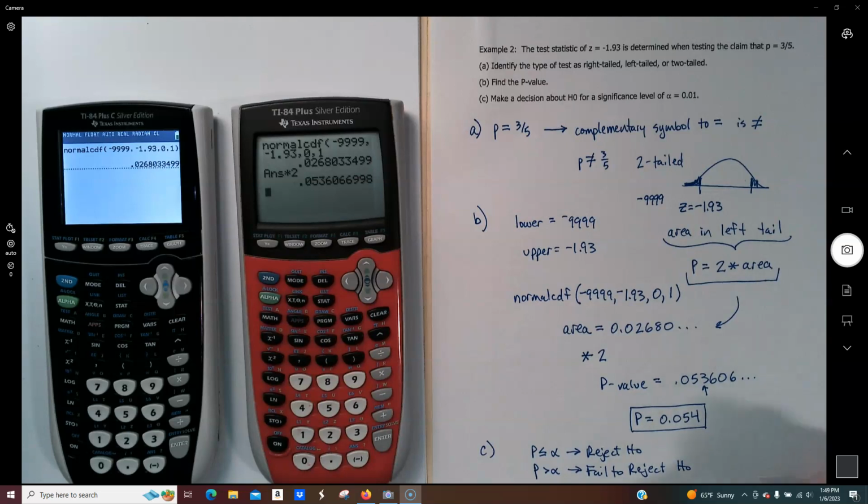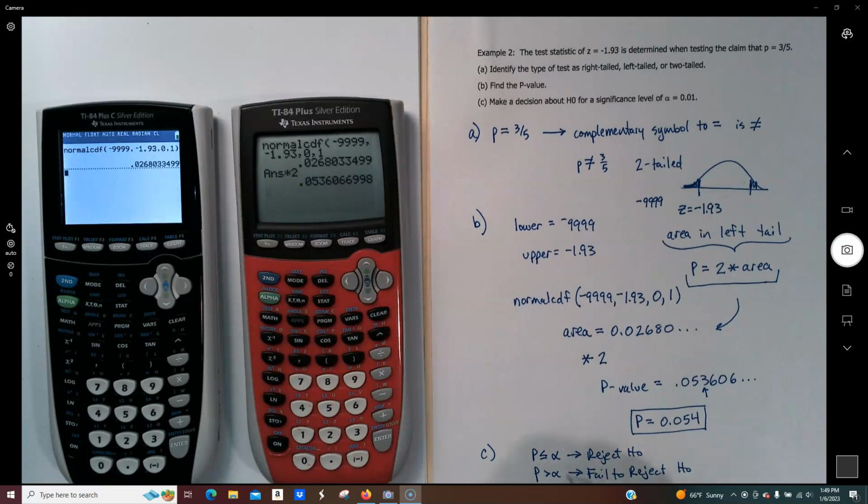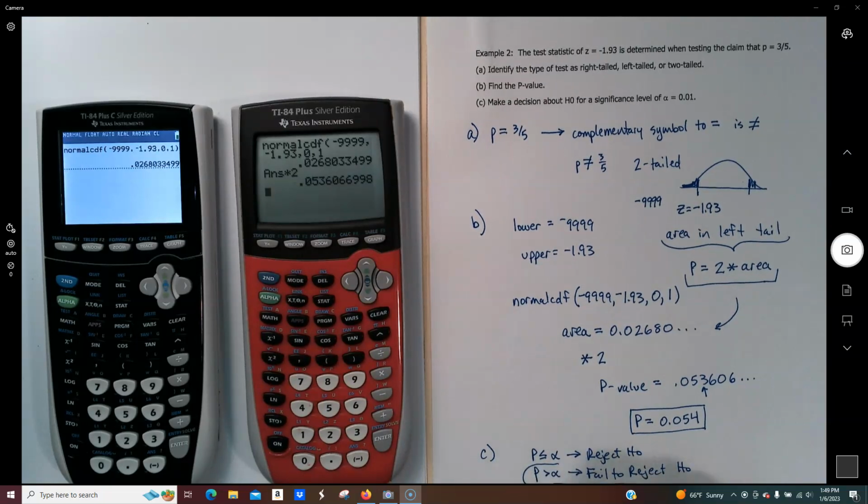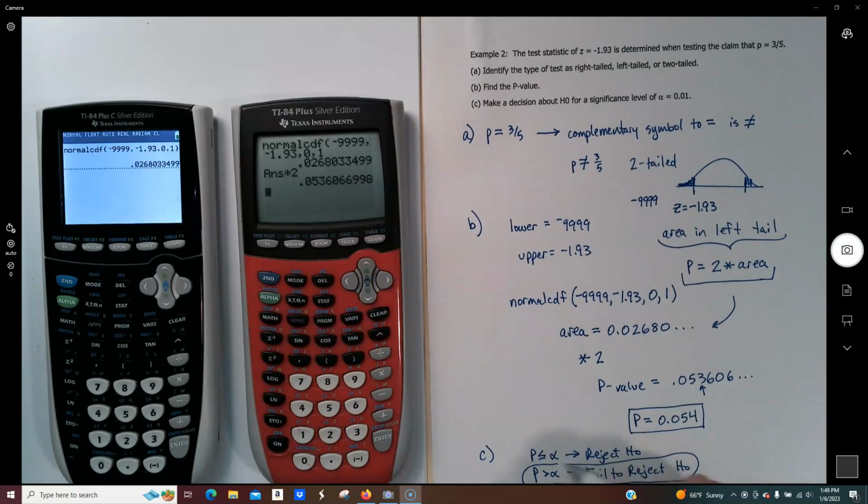P is 0.054. Alpha is 0.01. We can see that at the second decimal position, the 5 is definitely larger than a 1. So this is the situation where the p-value is greater than alpha, and we would fail to reject the null hypothesis.